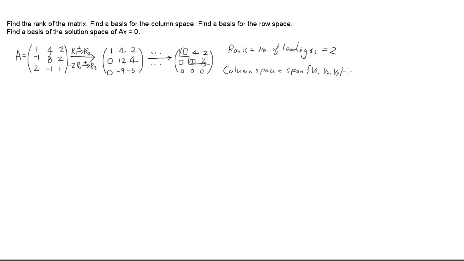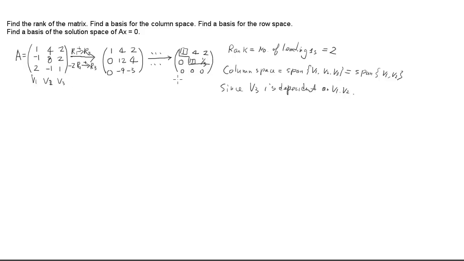So this is really equal to the span of v1 and v2, since v3 is dependent on v1 and v2. We can cast v3 away without changing the span. And these two vectors over here are v1 and v2.